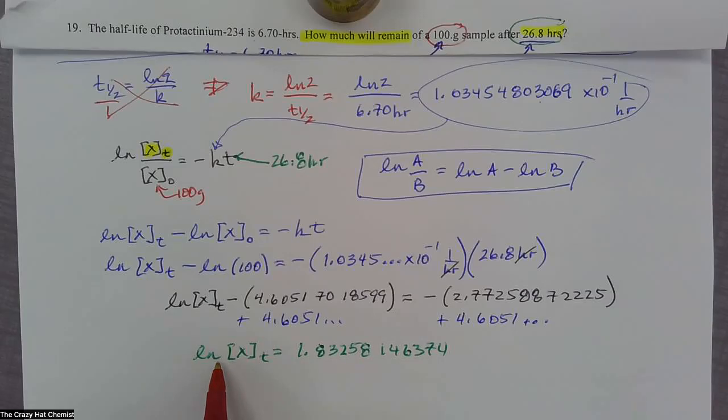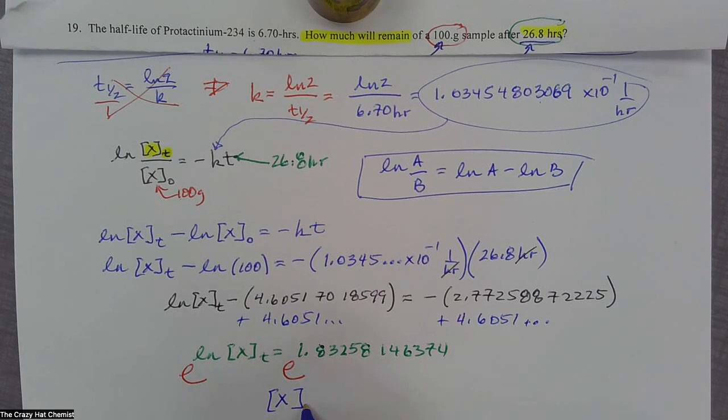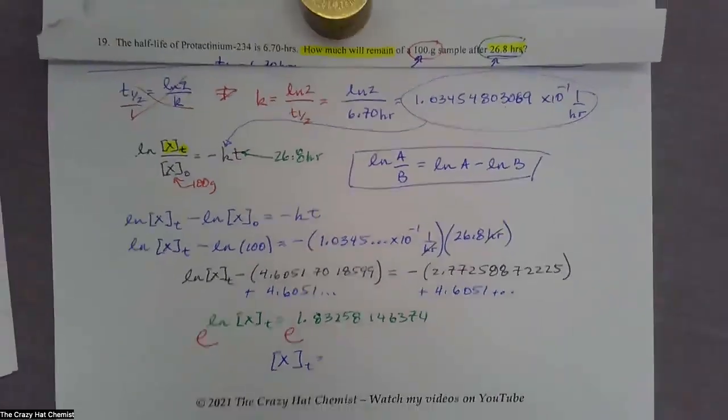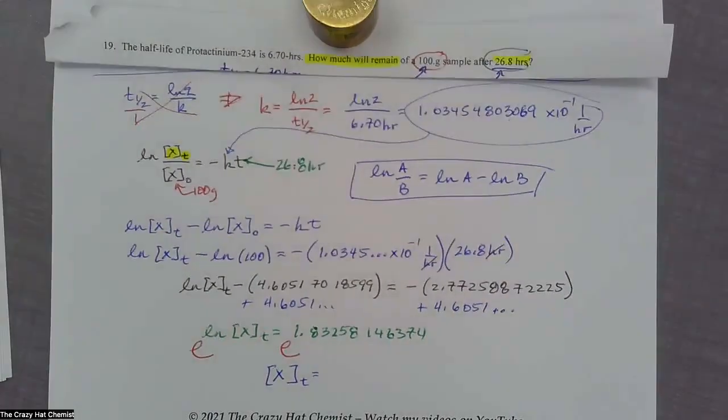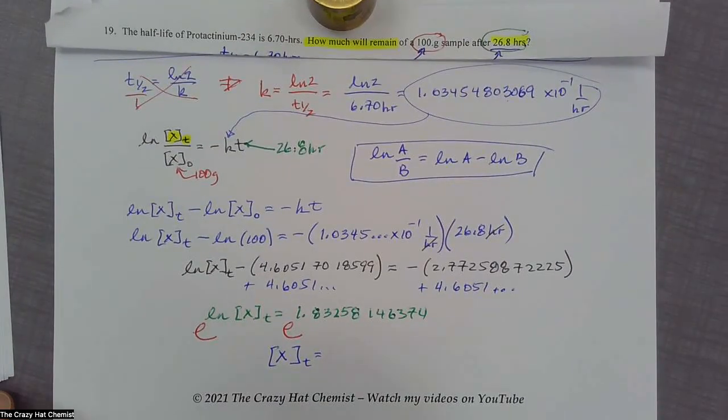And in order to get rid of this natural log, we're going to take that to the e. There's a function on your calculator that will allow you to do that. Then we get x sub t, the concentration at time t. X sub t is equal to 6.249999, and there's eventually a 5 at the end.